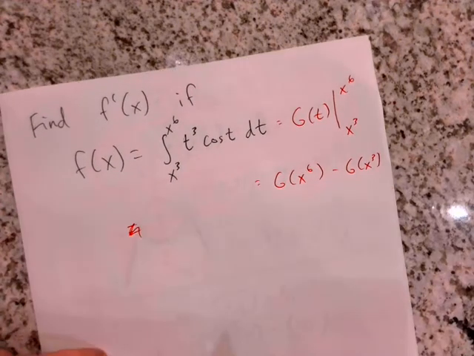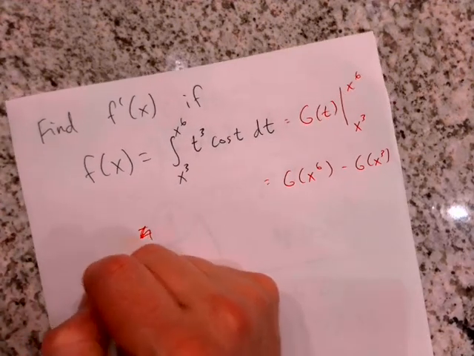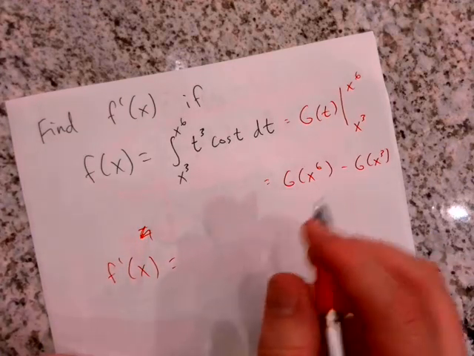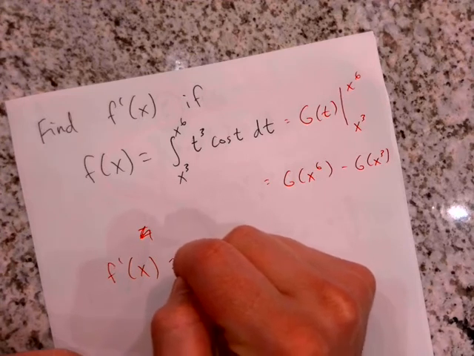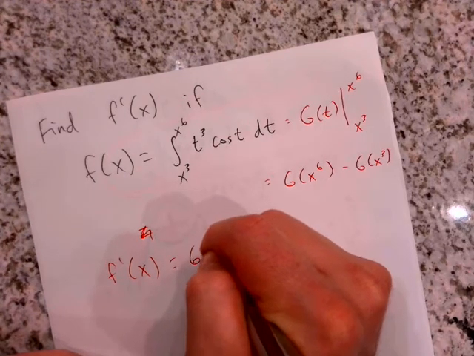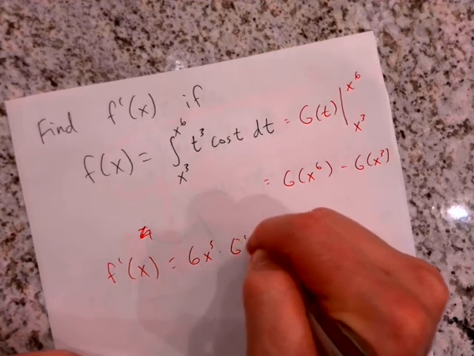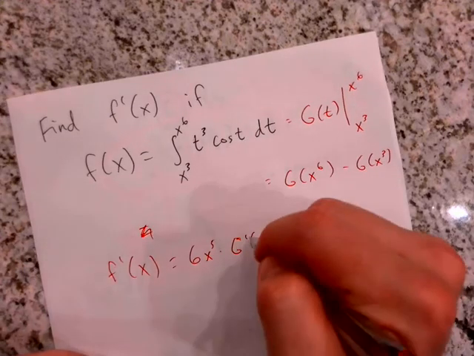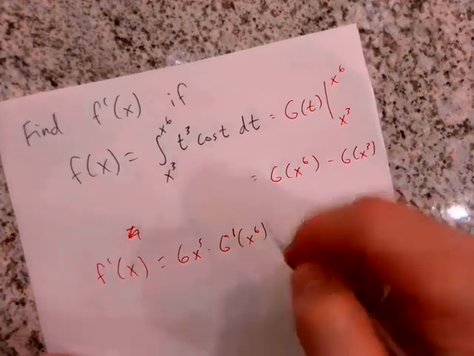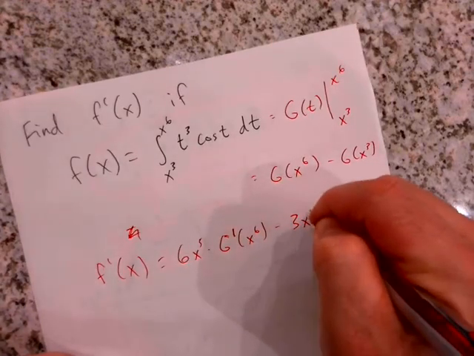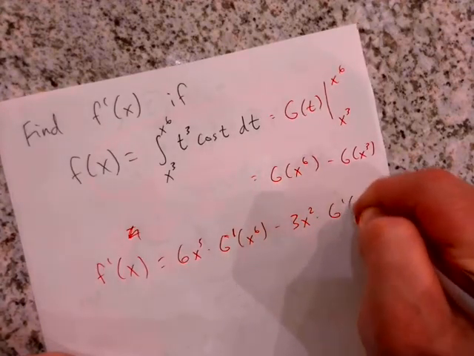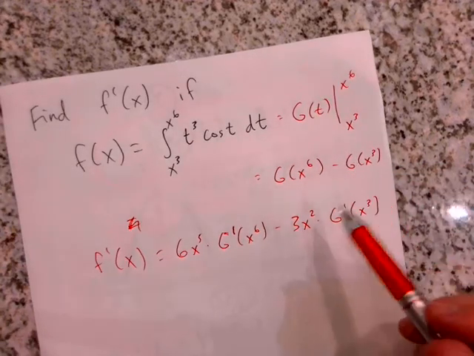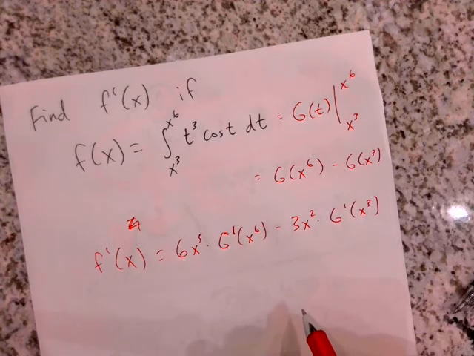And then you would find the derivative of that. So G of x to the sixth power goes to 6x to the fifth times G prime of x to the sixth. It's the chain rule, why that's there. And then minus 3x squared G prime of x cubed, because again, G of x cubed differentiates to G prime of x cubed times 3x squared.